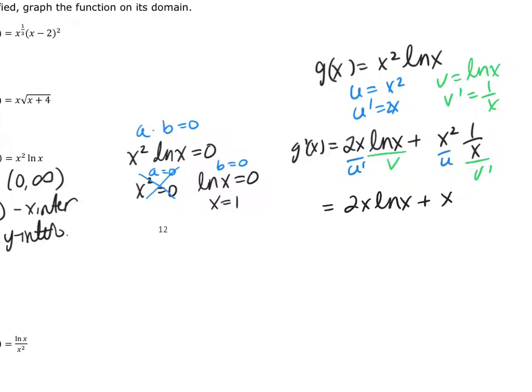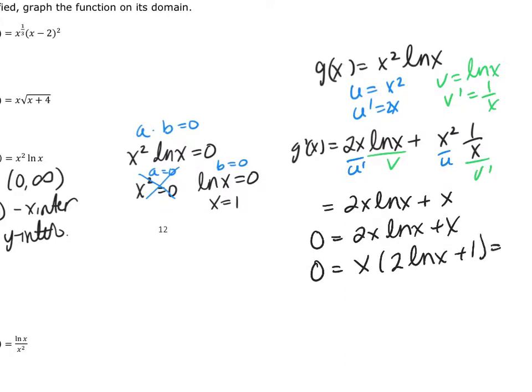Okay, so I'm going to set this equal to 0, and so I get 0 is equal to 2x times the natural log of x, plus x. I'm just going to factor out an x, leaving me 2 times the natural log of x, plus 1, equal to 0.